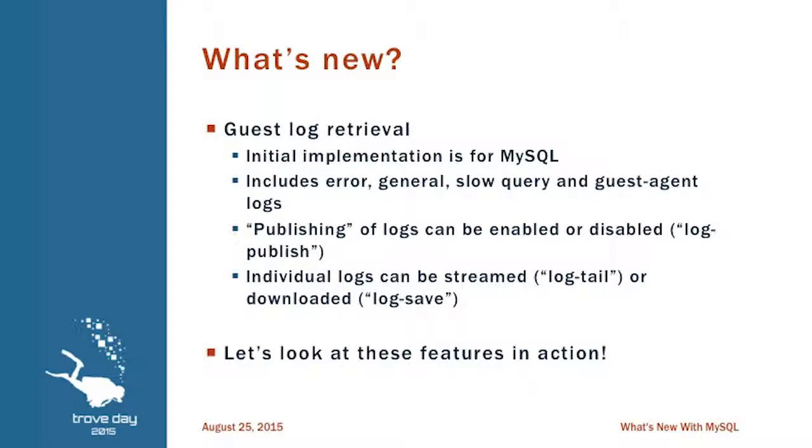So we built out a mechanism that's generic, but the initial implementation is focused on MySQL. For MySQL, it exposes the error, general, and slow query logs, and we also optionally expose the actual Trove guest agent log. The publishing of the logs can be enabled or disabled, and there's a Horizon interface for this, which I'm going to show you.